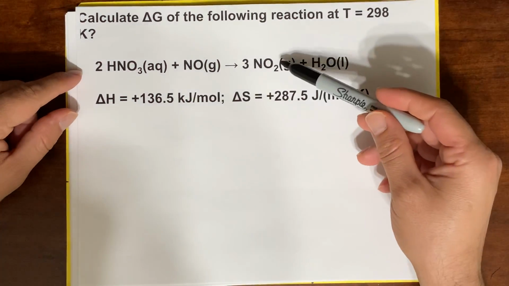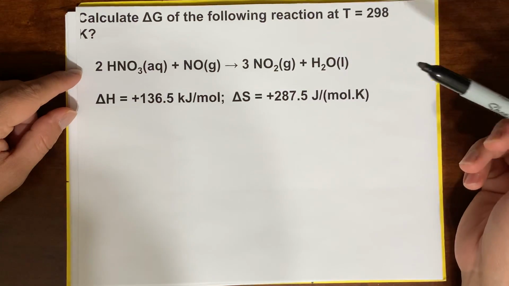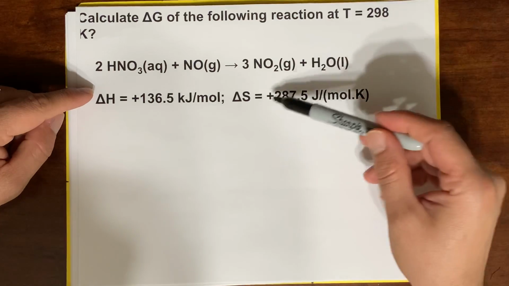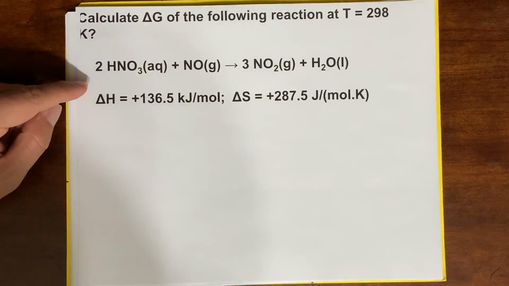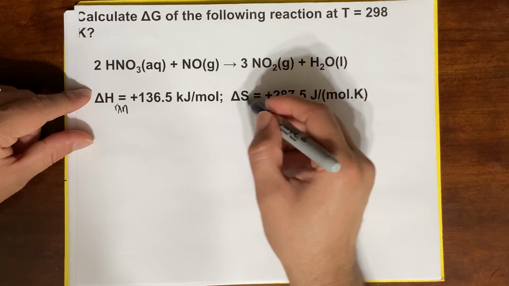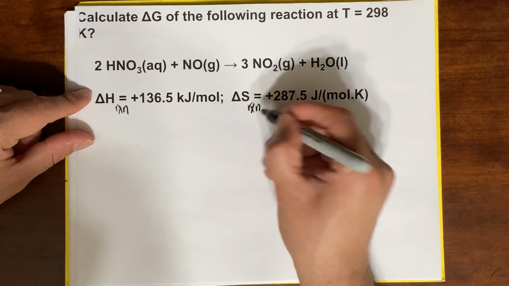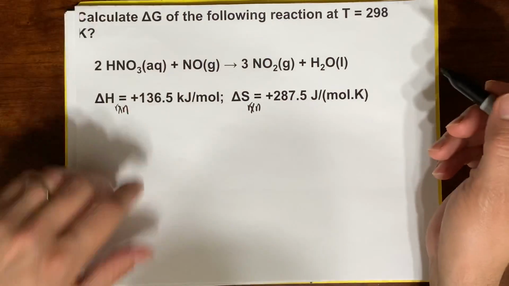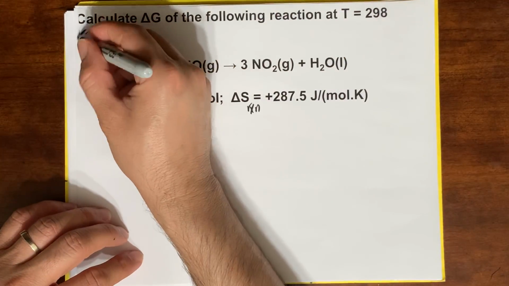We get 3 moles NO2 plus 1 mole H2O. Delta H for the reaction is given. Delta S of the reaction also is given. So this one is delta H of the reaction, and that one is delta S of the reaction.